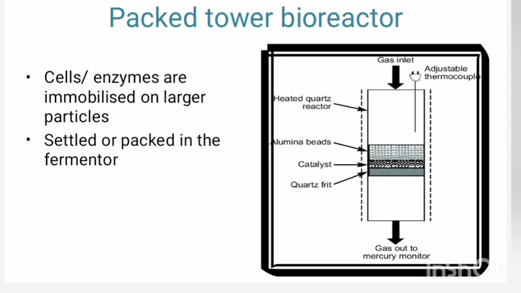The solids used may be porous or non-porous gels. A nutrient broth flows continuously over the immobilized biocatalyst. The products in the packed bed bioreactor are released into the fluid and removed.